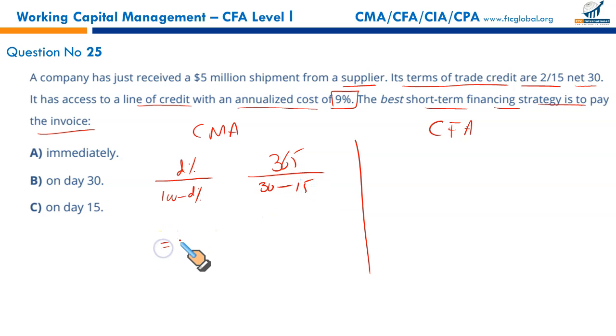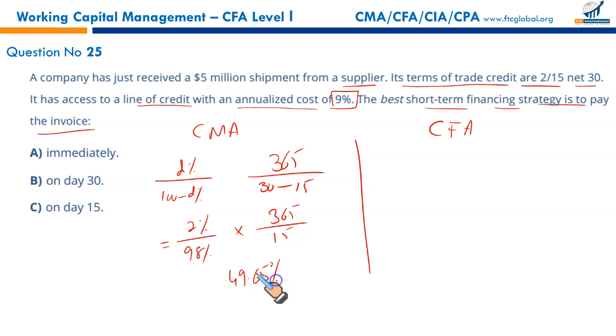Plugging in the numbers, discount is 2%, so 2 upon 98, multiplied by 365 divided by 30 minus 15, that is 15. If you simplify this, 2 by 98 times 365 upon 15, it will give you 49.65%.